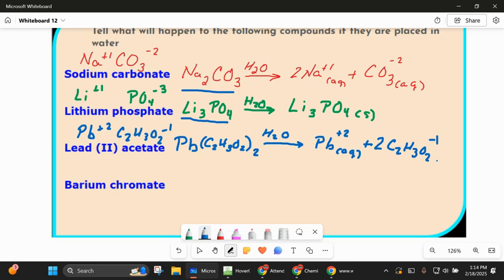And it's aqueous. Very good. So, this is the way, ladies and gentlemen, we would write this. Pb +2 aqueous plus 2 C2H3O2s minus 1s that are aqueous as well. Questions?